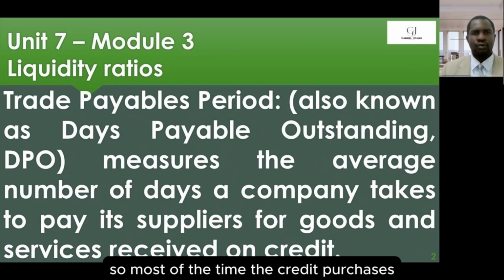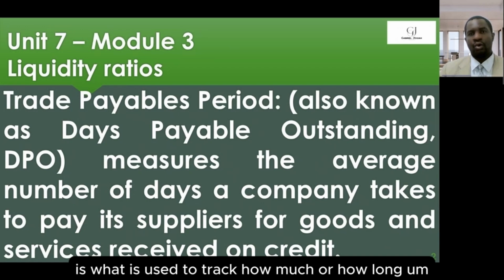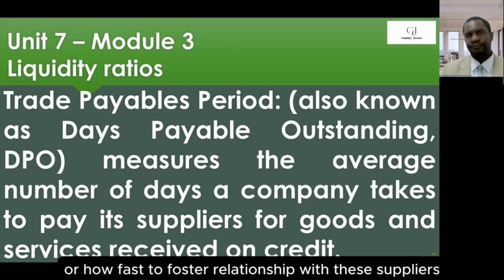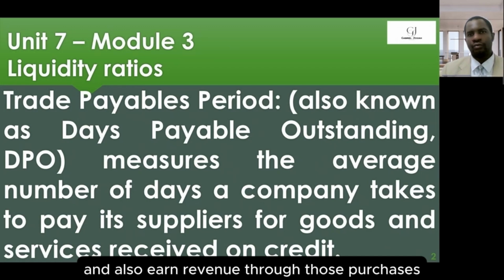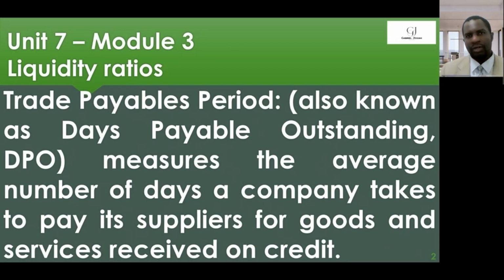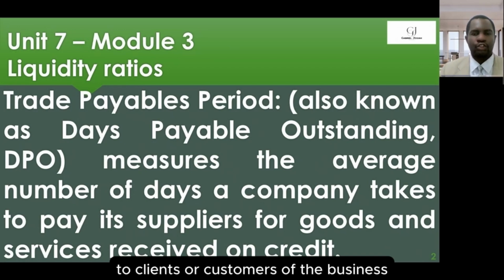So most of the time, credit purchases are used to track how long the company takes to pay, to foster relationships with suppliers and also earn revenue by turning those goods or services to customers of the business.